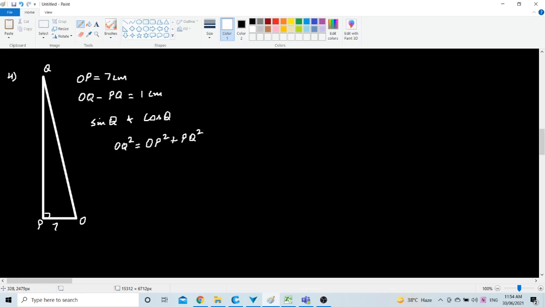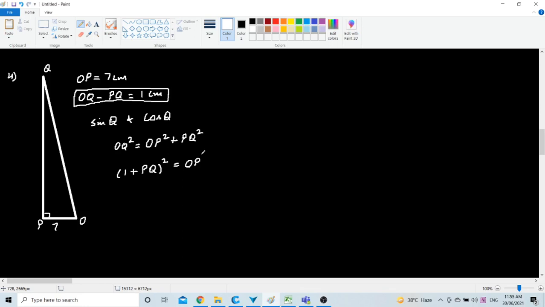Now, from this given statement, this OQ is 1 plus PQ. So we can write it as (1 plus PQ) whole square equals OP square plus PQ square.